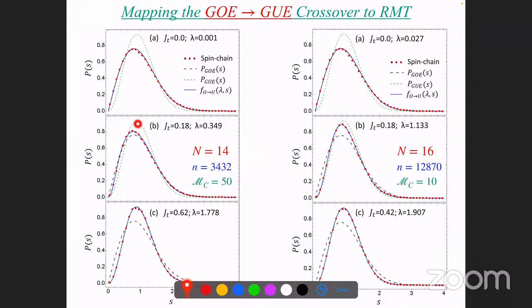And you find that in between, the interpolating function traces the physical system very well, and the same is the case for N equal to 16.